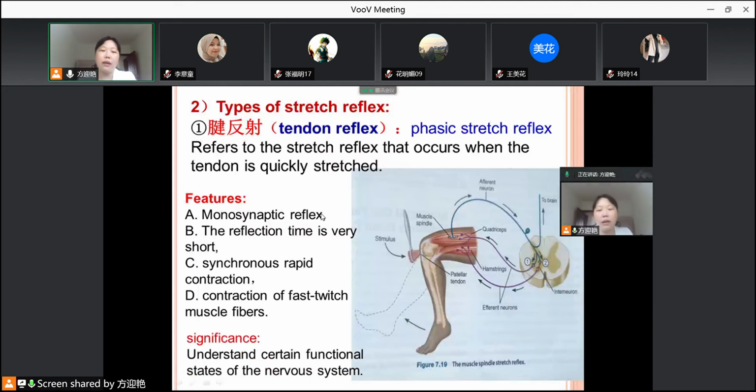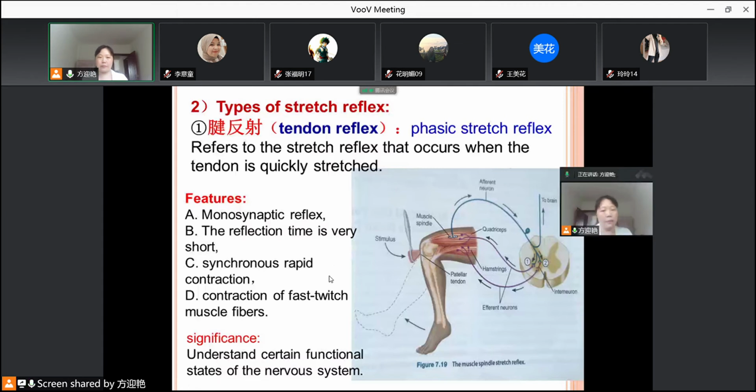The major function is to understand a certain functional state of the nervous system. Based on this test, doctors in the nervous system department use the stimulation to test the patient's nervous system function, and can know whether the spinal cord function is normal or abnormal.